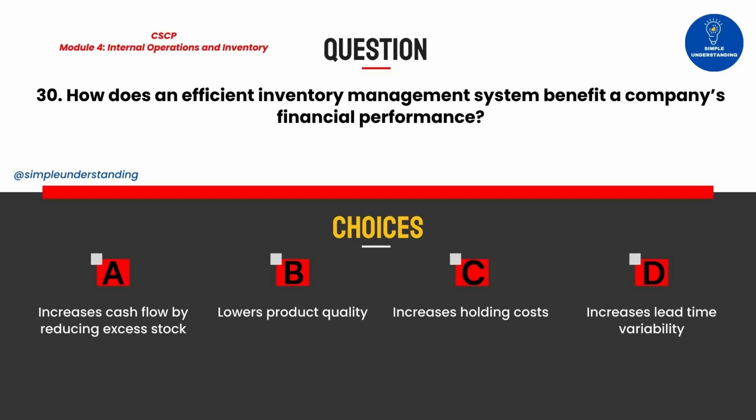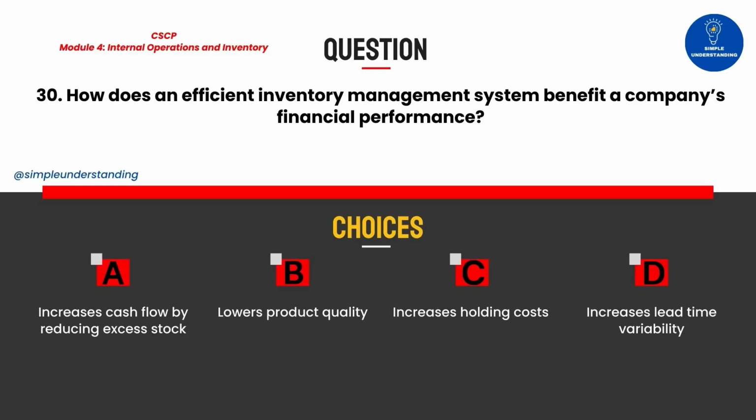30. How does an efficient inventory management system benefit a company's financial performance? A. Increases cash flow by reducing excess stock. B. Lowers product quality. C. Increases holding costs. D. Increases lead time variability.